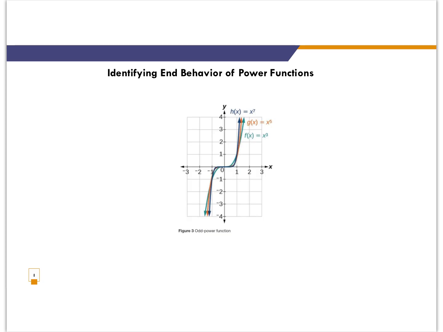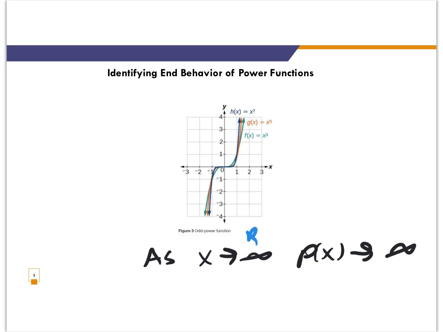This time what I would say is, as x goes to infinity, p of x goes to infinity. In English, as x goes right, p of x, which is y, goes up.